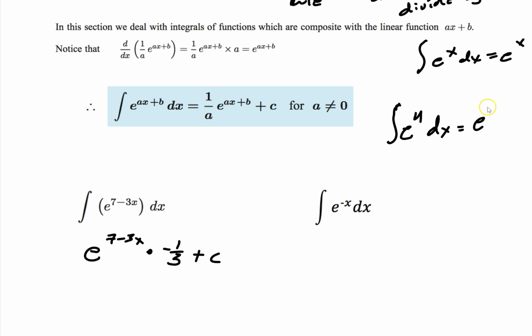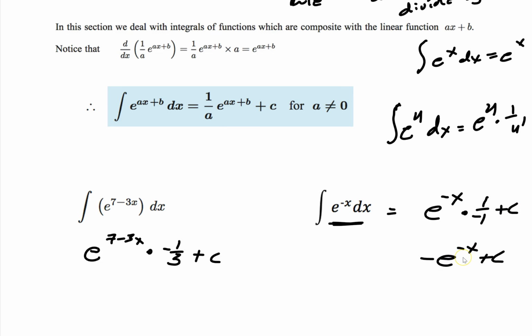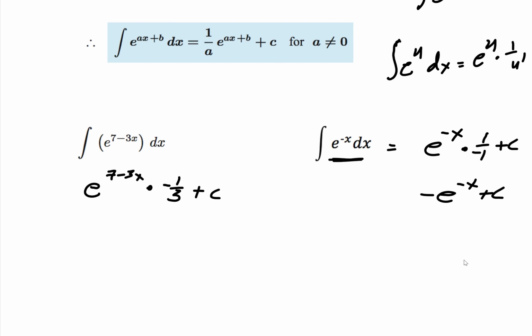It's going to be just copy it, and then times 1/u prime. Reverse chain rule. So let's use that here. These are easy. You're just going to copy it, and then divide by the derivative of the inside. Derivative of the inside will be -1, so 1/-1 plus c. Or if you want to be nicer about it, negative e to negative x plus c. That's just a simple idea.